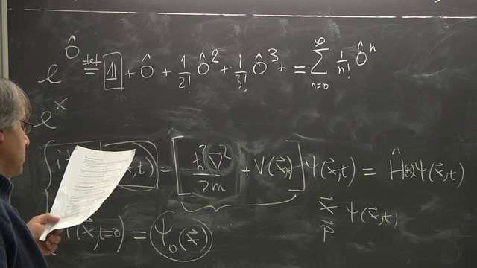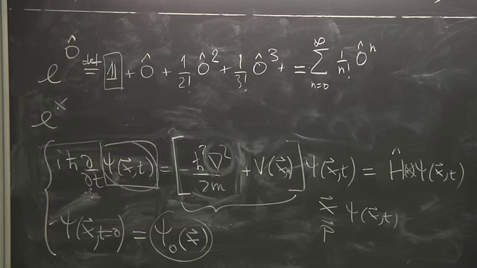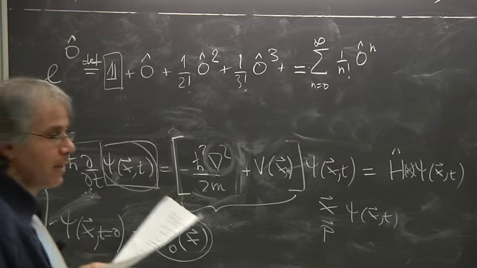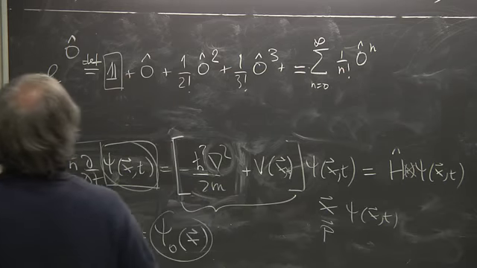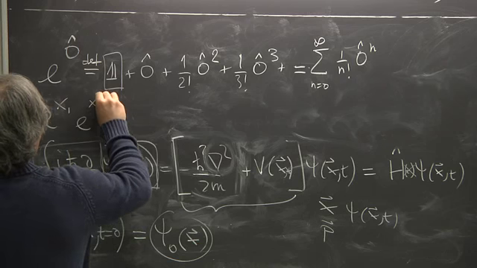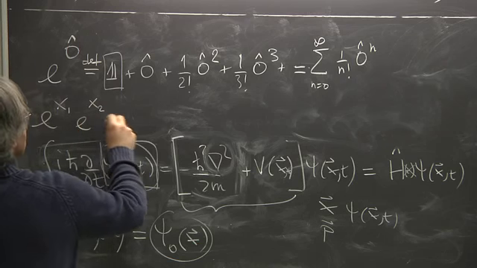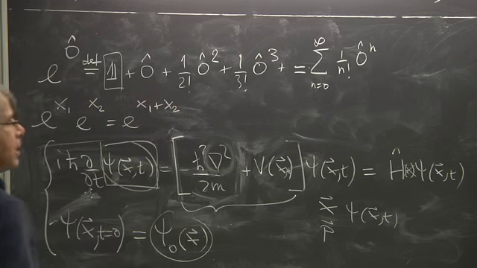Okay. Now, one thing that you should be aware of is that the exponentials of operators are pretty delicate. For instance, if you have two normal exponentials, e to the x1 times e to the x2, you know you can collect this. That's not true for operators, okay?